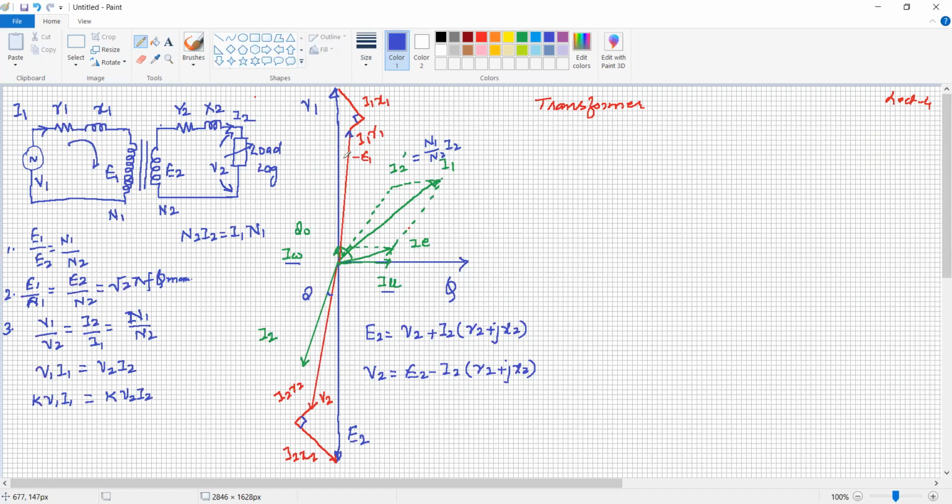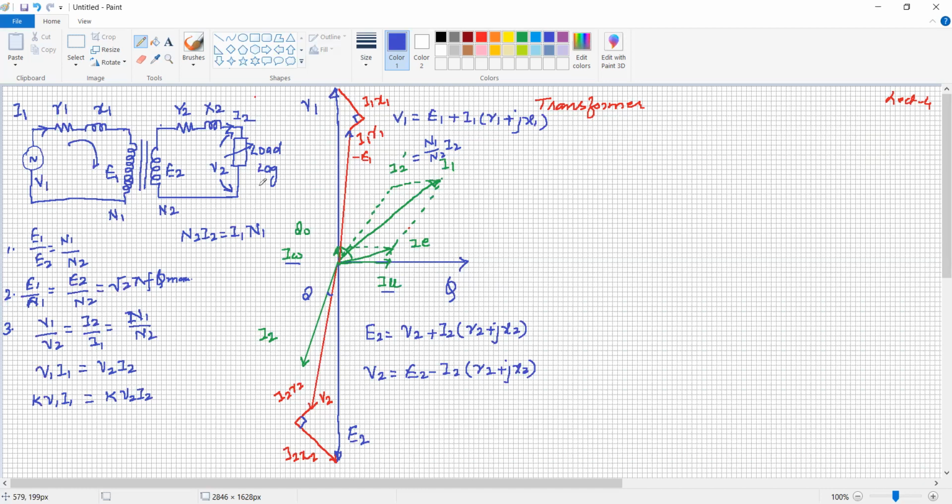So the total voltage is V1, which is equal to minus E1, the induced voltage referred to the primary, plus I1 into bracket R1 plus jX1. This is Kirchhoff's voltage law applied on the primary side.